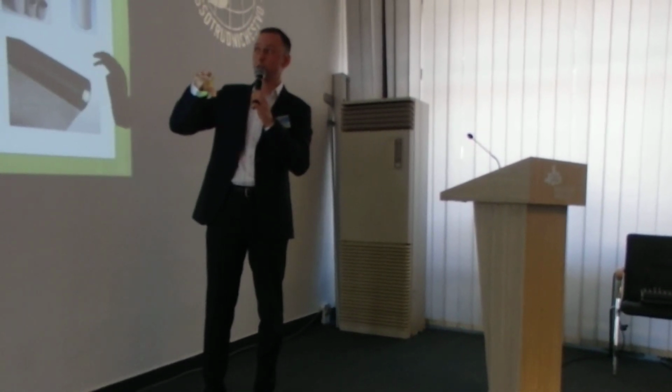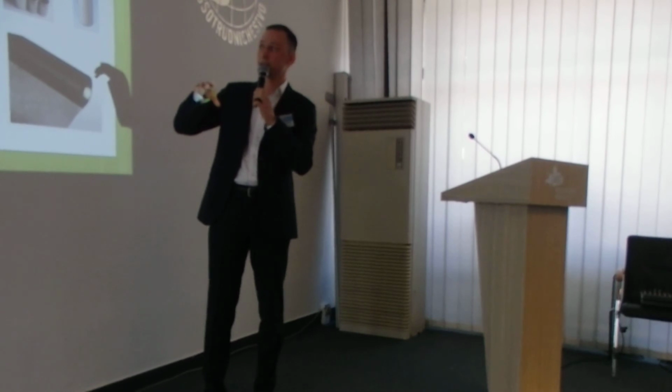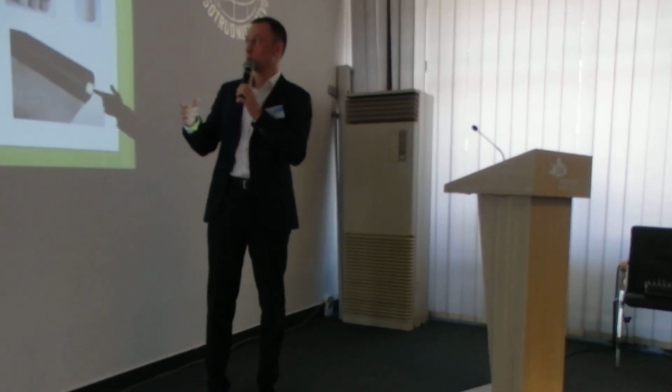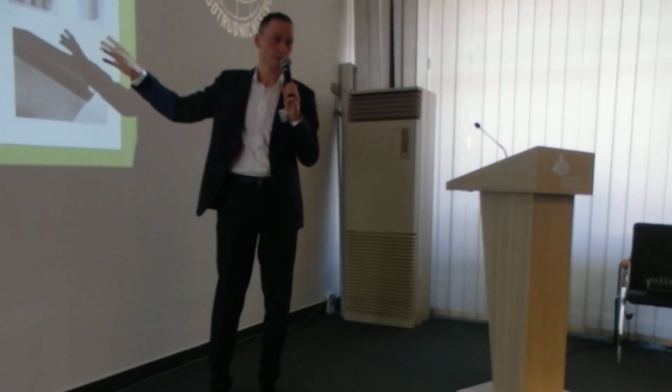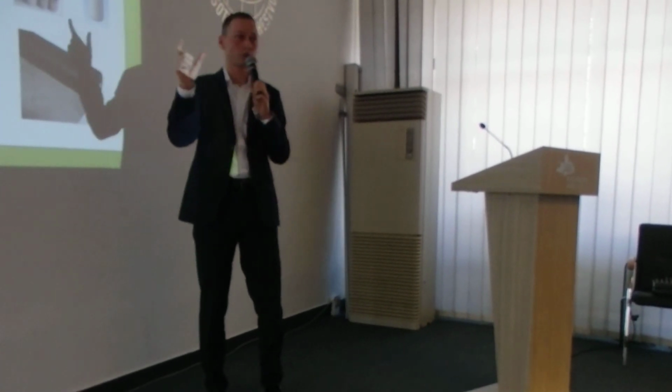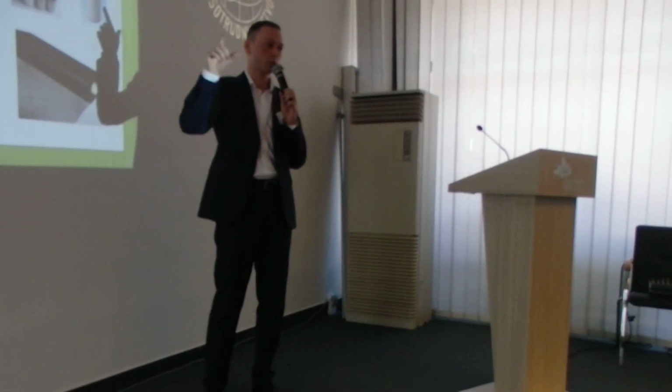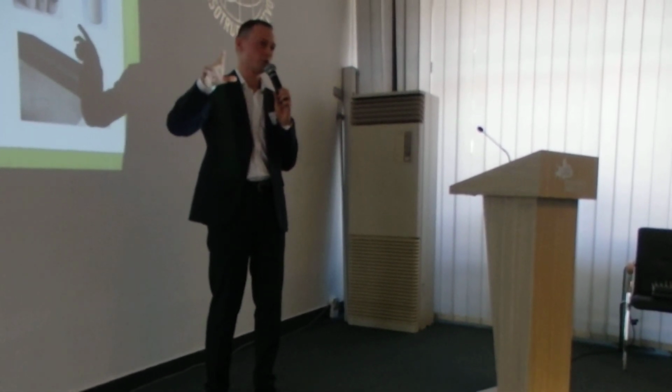Using these materials, we are able to create different devices, for example, supercapacitors, which look like batteries, but are for a short period of time: charging the energy, keeping the energy for a short term, and then giving the energy back.